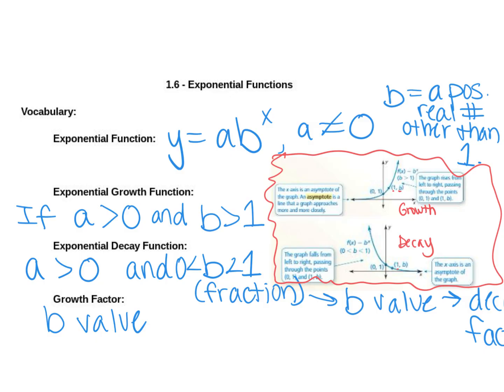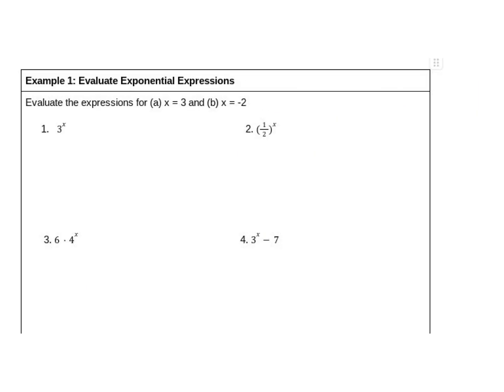Okie dokie. So now we're just going to evaluate. We're plugging stuff in, and you can do this. This is easy peasy. So evaluate the expressions for a and for b. So for a, we're going to replace x with 3. So this one turns into 3 to the third power, which is just 3 times 3 times 3, which is 9 times 3, which is 27.